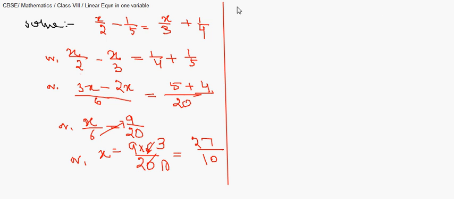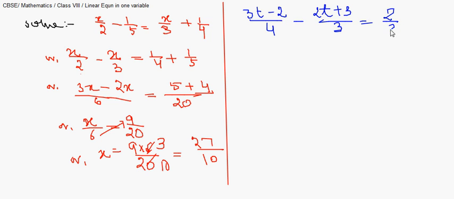We'll take a different type of question wherein you get a numerator with a denominator 4, and the other part seems to be an unlike fraction again, like the previous one. We follow the same basic thing, that we keep the variables on one side and the constants on the other.